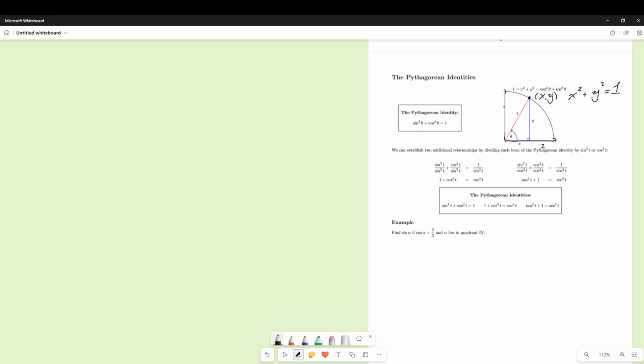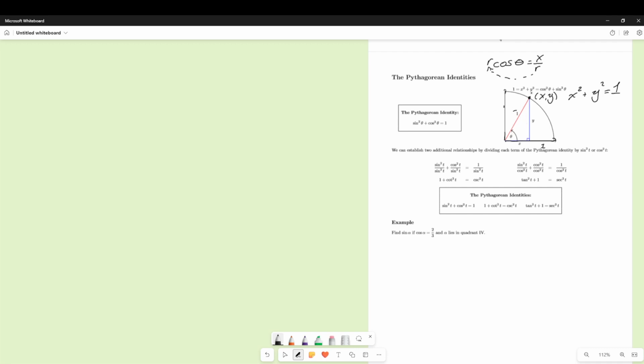And while we know that the cosine of our angle is x over r, we can multiply that r over and say that x is r times the cosine. But we don't actually have to do that because we know the radius here is 1 in our nice little circle.